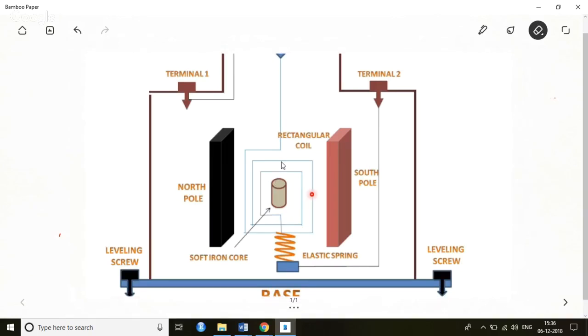Suppose in between you can see the coils, conductor coils are kept over here. These coils are copper coils which are thinly insulated, and in between you have an iron core or soft iron cylinder placed inside it.